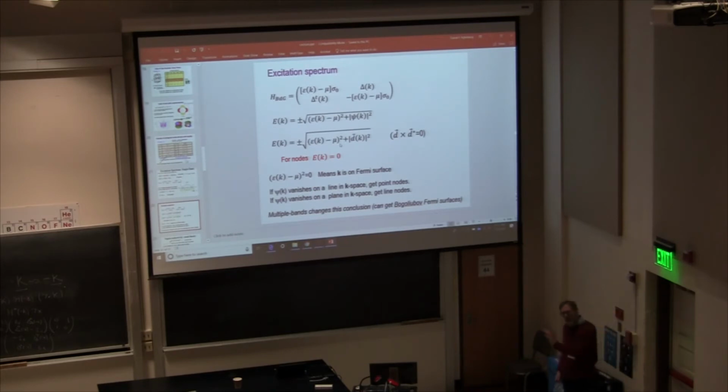But I won't go into details on that, I'll just give you an overview and a flavor. You can actually get Fermi surfaces as well, but not in this picture here, and you can only get Fermi surfaces for the even parity case, not for the odd parity case. So that's the change you get when you do a more general analysis than the single band theory.